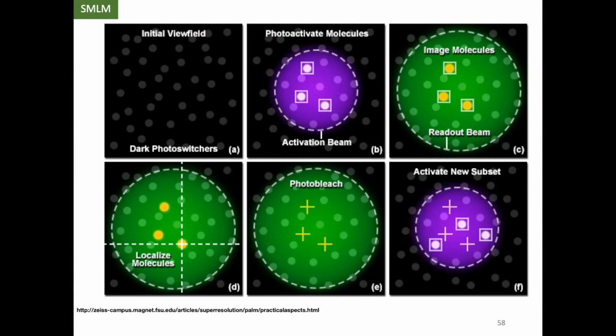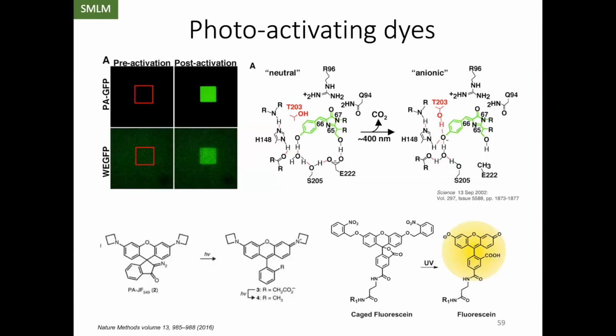We shine the same beam again, but now we activate 3 new molecules. We localize them, they photobleach, shine the beam again, localize, photobleach. So it's a combination of photochemical activation and photobleaching that results in the blinking of the dyes.